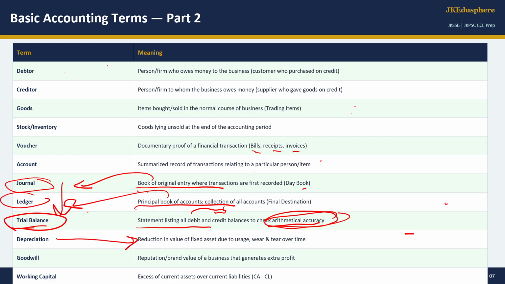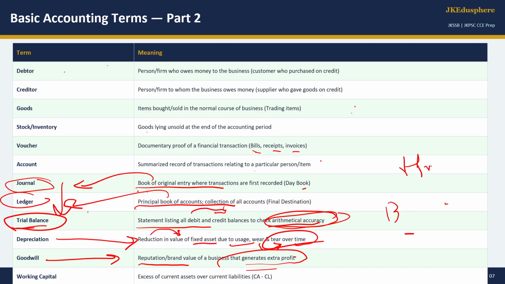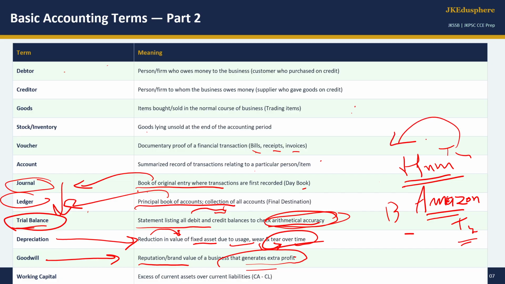So the next part is depreciation. Depreciation is the reduction in the value of a fixed asset due to usage, wear and tear over time. Right. So next part is goodwill. Goodwill is the reputation or the brand value of a business that generates extra profit. Brand value, we can say if we are ordering something from H&M, right, or from Amazon, a t-shirt from H&M and a t-shirt from Amazon, which will have more brand value?